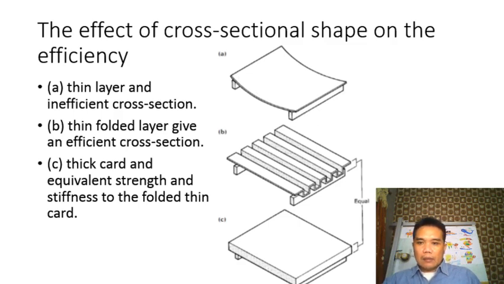But if we make it folded, like the second picture in the middle, then this folded layer will give an efficient cross section.